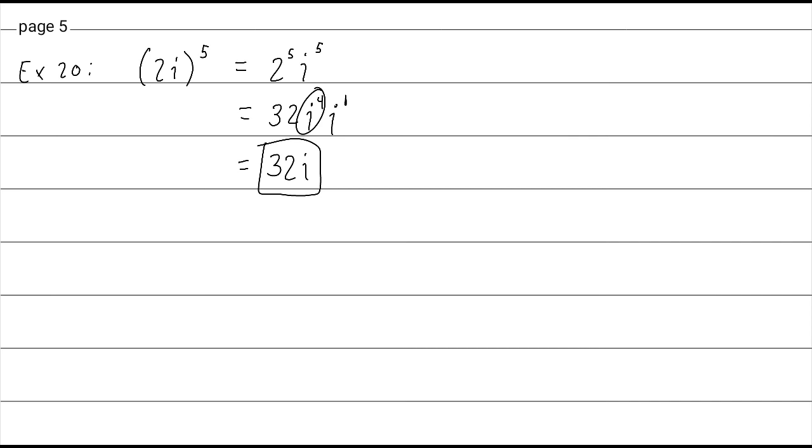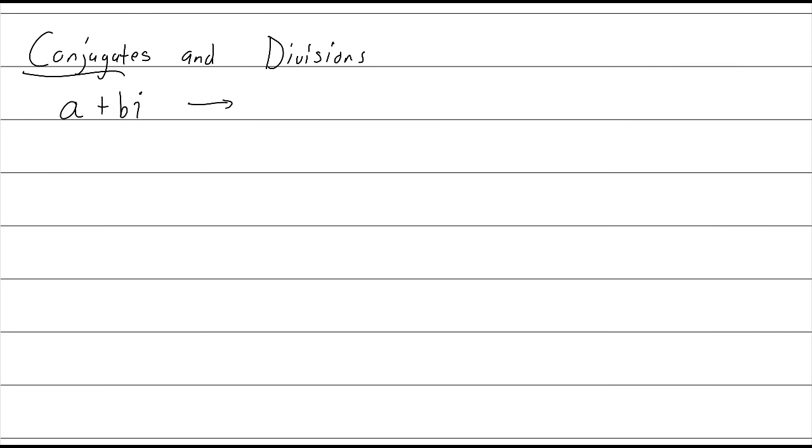There's one more thing we need to go over in this lesson, and that's called conjugates and division. We actually divide complex numbers using conjugates. So what is a conjugate? If I have a complex number a plus bi, its conjugate is a minus bi.